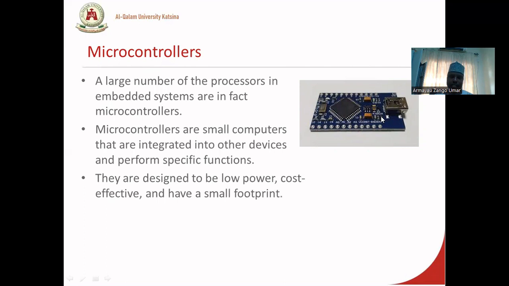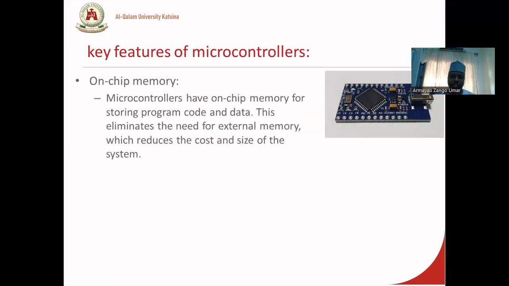They are designed to be low power, cost effective, and have a small footprint. The key feature of microcontrollers is that in addition to the processor, they have on-chip memory for storing program and data. In a typical processor setting, you have a processor and separate memory, so an instruction is fetched from memory and brought into the processor for execution.